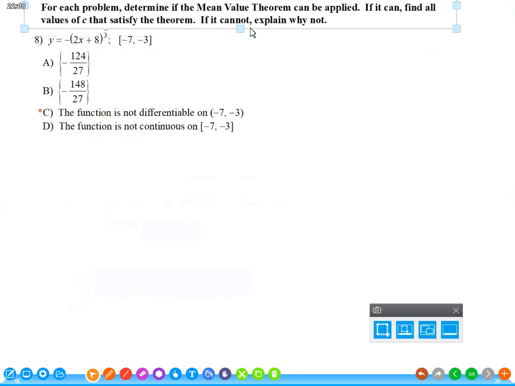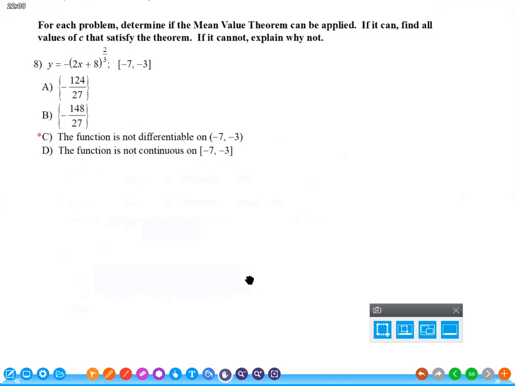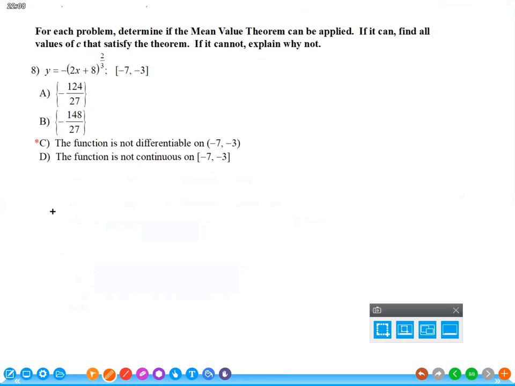Okay. So here you want to check the hypothesis. What is the domain here? This is cubic, so the domain is real numbers. So it's defined. You need to show this to save time.